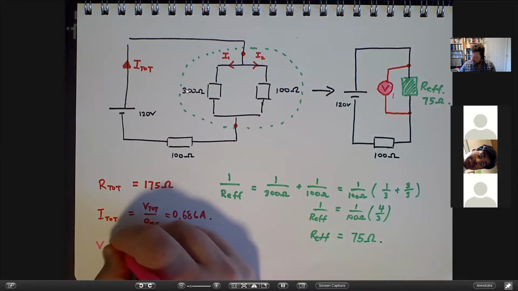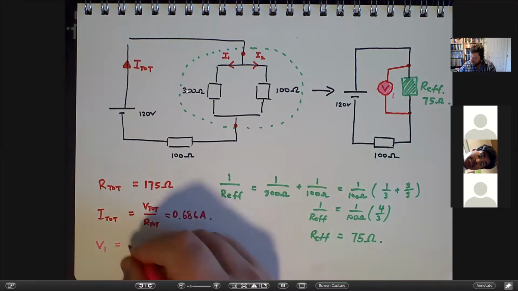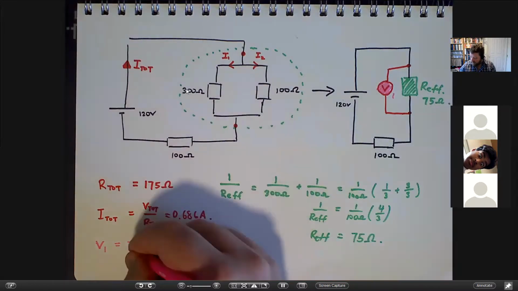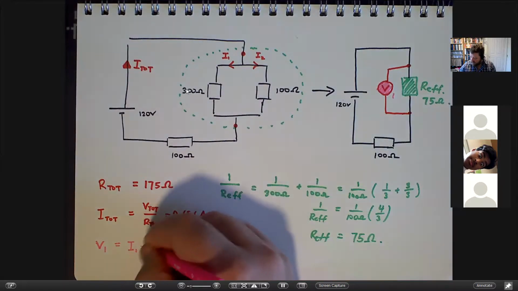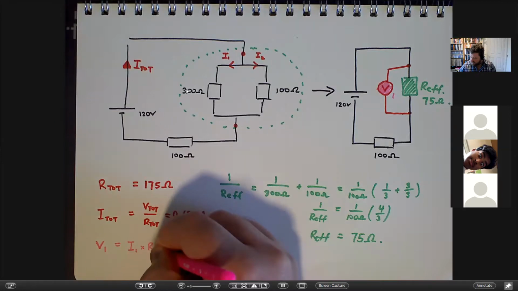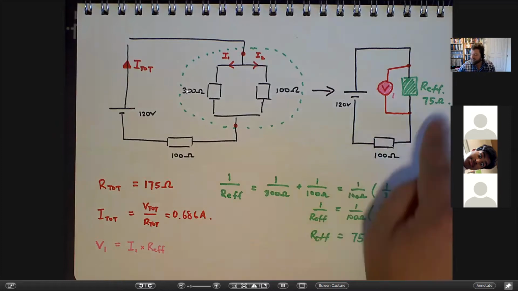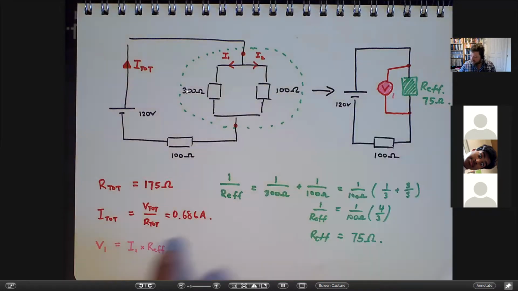V1 is going to be, well, it's I through that resistor, so let's call that I1, times R of that resistor, which we've already worked out as effective. But because we're treating this now as a series circuit, the I through that resistor just is that full 0.68. It's got nowhere else to go.